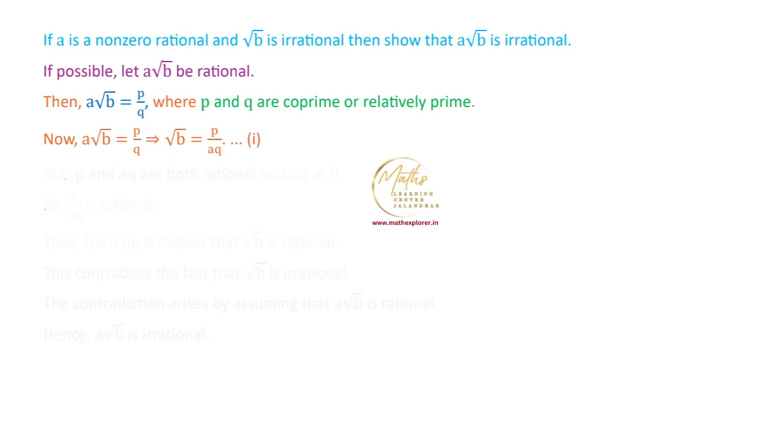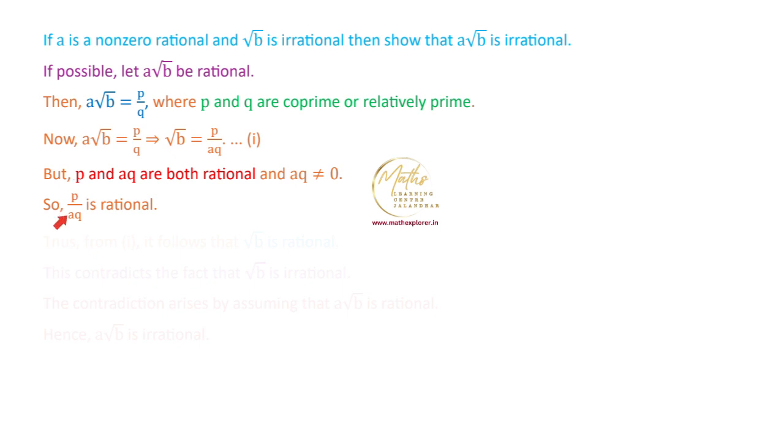Now p and aq, the numerator p and the denominator aq, are both rational numbers, and aq is not equal to 0. It means that p by aq is rational. We are using the term rational in place of integers because a is a non-zero rational number. So clearly a into q will be a rational number. So p and aq are both rational, and p by aq is also a rational number.